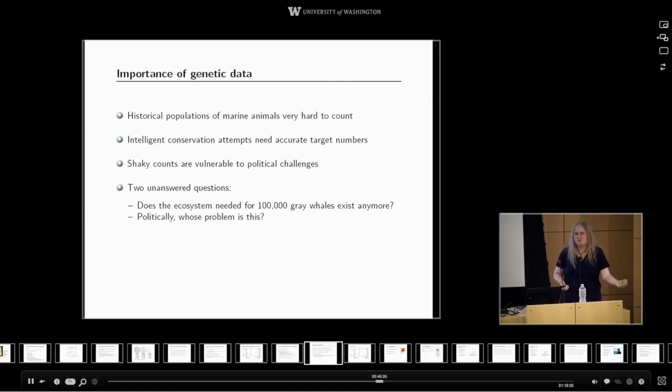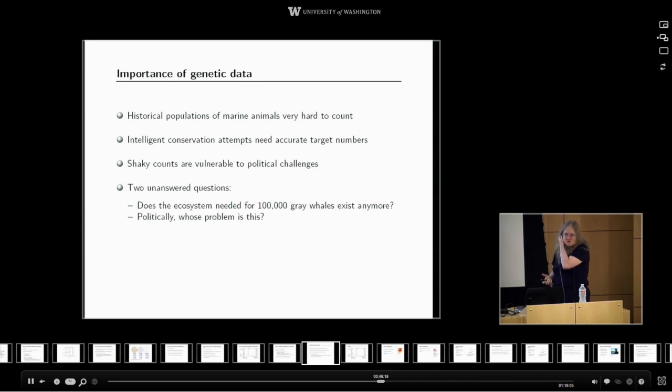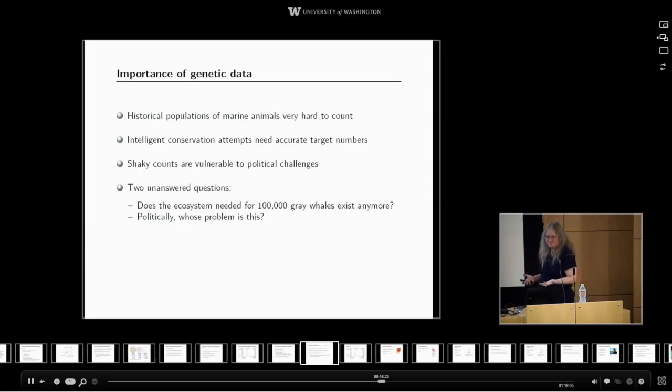So you see an animal in Australia and you see another one in Asia, 20 years apart. There must be a population, but where are they? The truth of the beaked whale is that the animal hates boats. And it's going to be a long time before we know very much about it. But marine animals in general are difficult to count. Marine animals in the past are practically impossible to count.